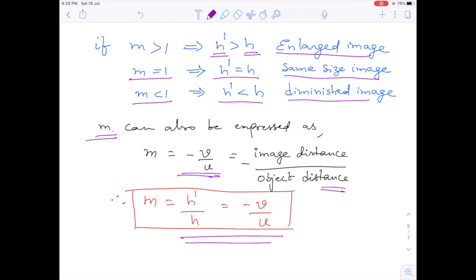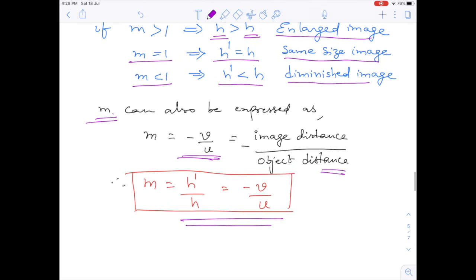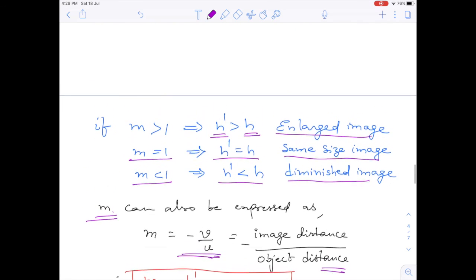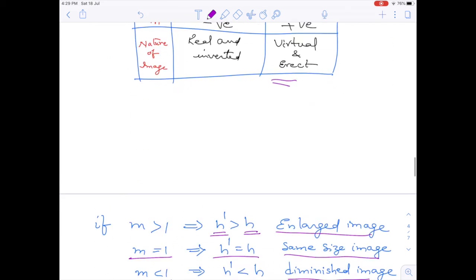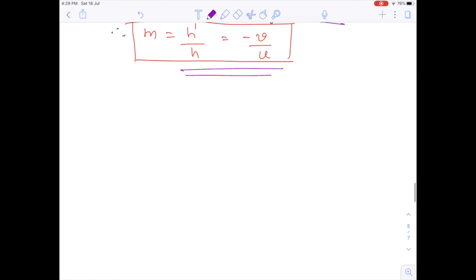So, using these two formulas, mirror formula and expression for magnification, one can find out the nature and different distances in spherical mirrors. In the next video, I will be discussing few problems based on this mirror formula, how mirror formula and magnification can be used to get those various distances, etc.